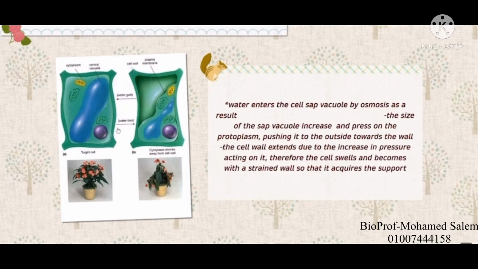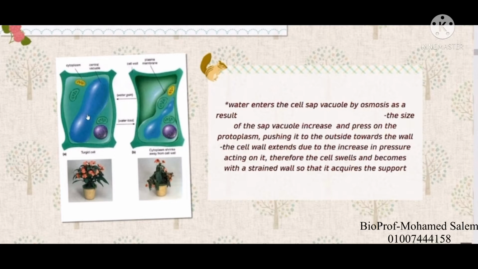So the water will move from outside to inside through its cell membrane and moves to the vacuole or central vacuole of the plant, the large vacuole in the plant.